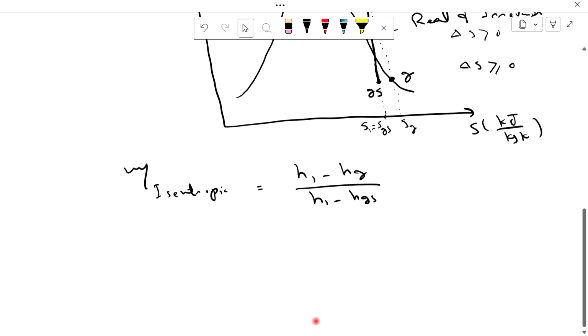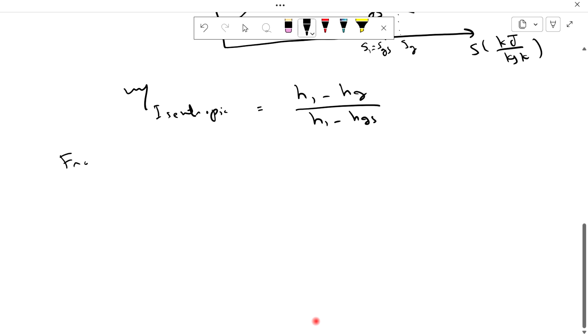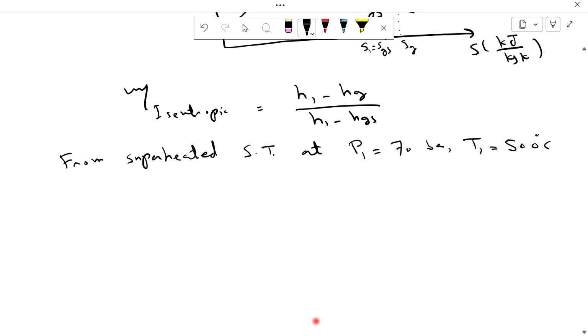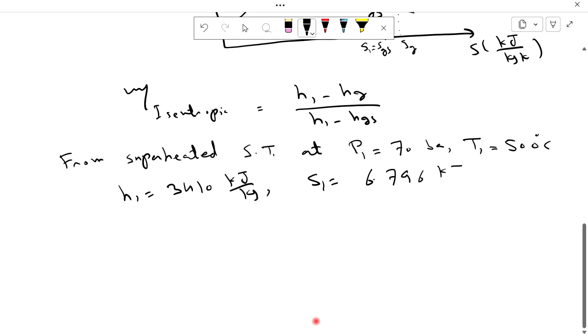So from the superheated steam table, at pressure P1 equal to 70 bar and temperature T1 equal to 500 degrees centigrade, H1 is equal to 3410 kilojoule per kg and S1 is equal to 6.796 kilojoule per kilogram per Kelvin.